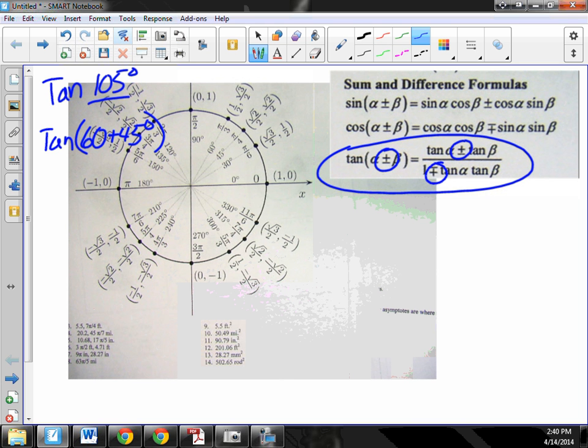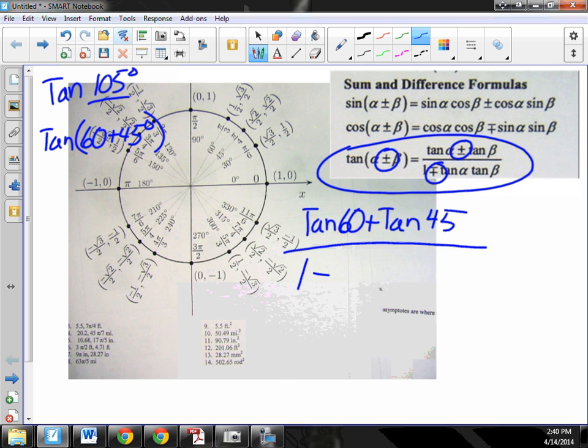So we're doing a sum formula, so we're going to use the top sign. The numerator will be positive, and the denominator will be negative. So tangent of alpha, which is 60, plus tangent of beta, which is 45, over 1 minus tangent 60, tangent 45.